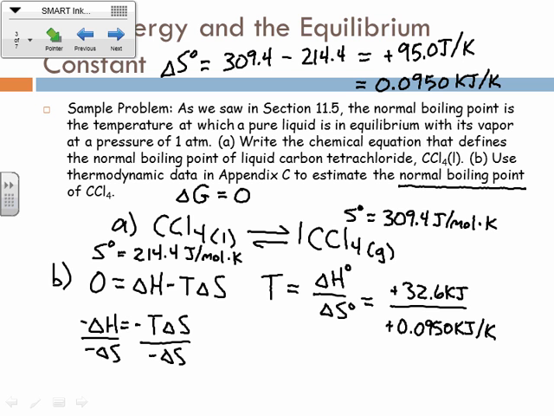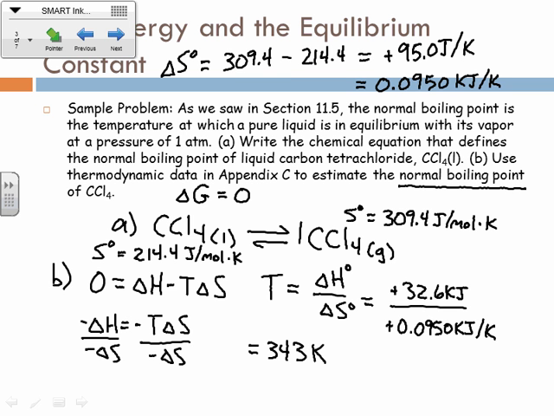And then when we divide those two by one another, what are they asking us for here? Normal boiling point. They don't specify whether it needs to be in Kelvin or Celsius. Let's just keep it in Kelvin. So you should get 343 Kelvin, I believe, when you work this out.